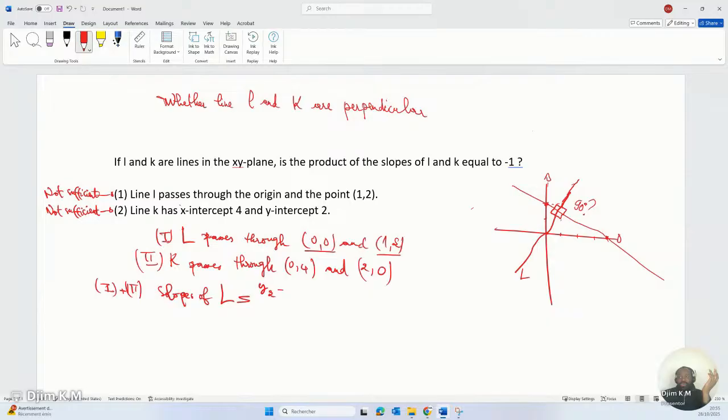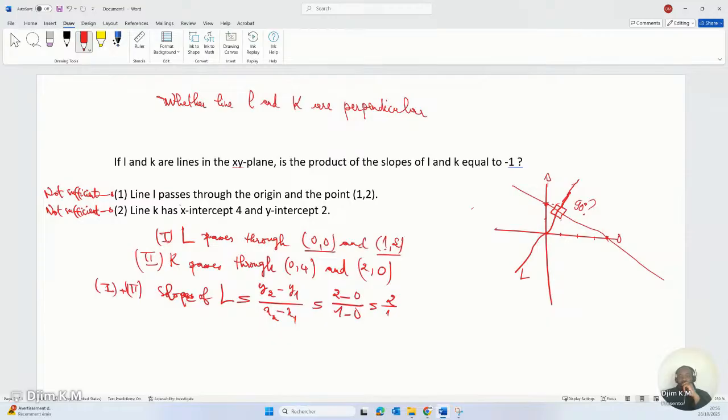y2 minus y1 divided by x2 minus x1. So this will help us find the slope of L. So we know that y2 will be for this one, 2 minus y1, 0, divided by x2, 1 minus 0. Okay, so will be 2 over 1.